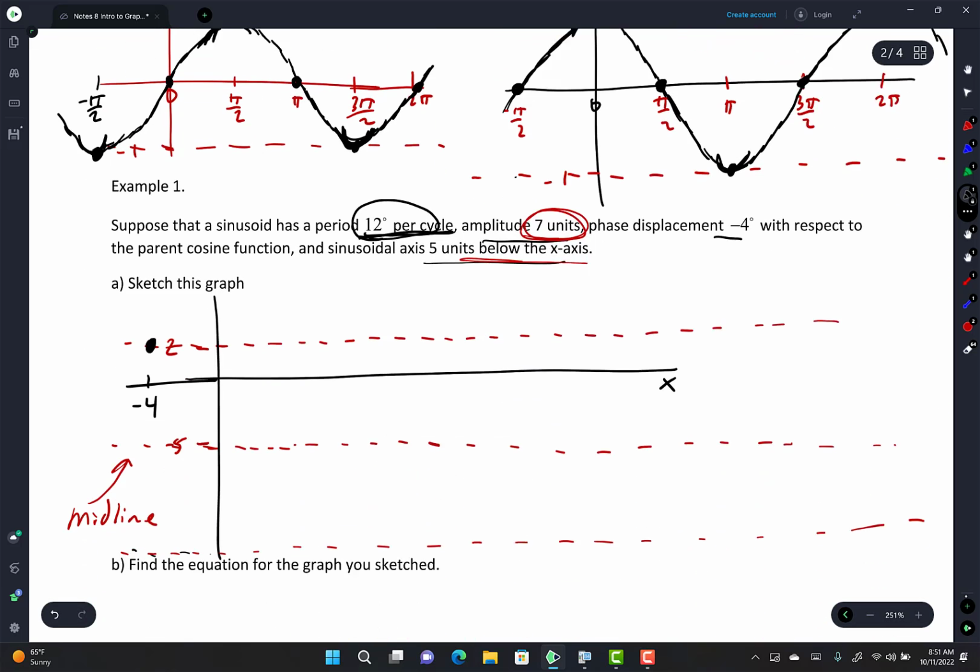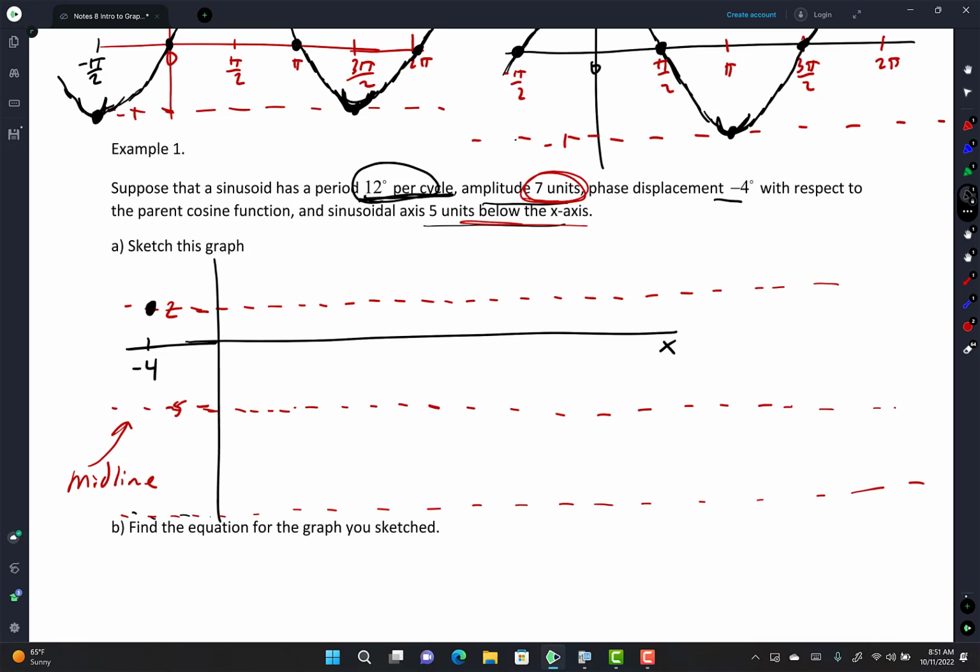Okay. Now, every 12 degrees, I repeat. So I'm going to try to make it symmetric. Let's see, 4, 8, 12. I kind of see it like right here. Point. And that's not 12. The period is 12. What number is that on the x-axis?